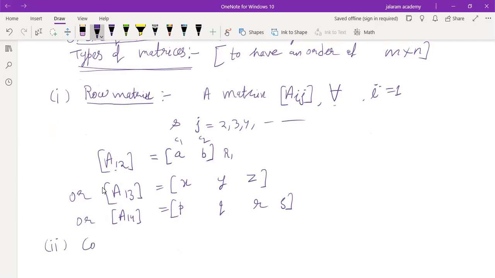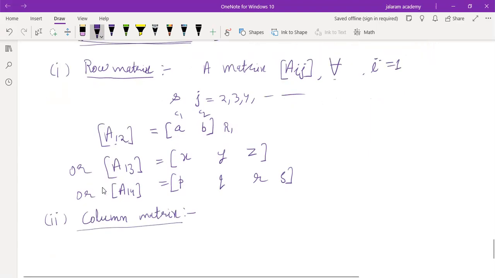Second is column matrix. The name itself tells which one it will be. So what is the meaning of column matrix? Which has only one column.